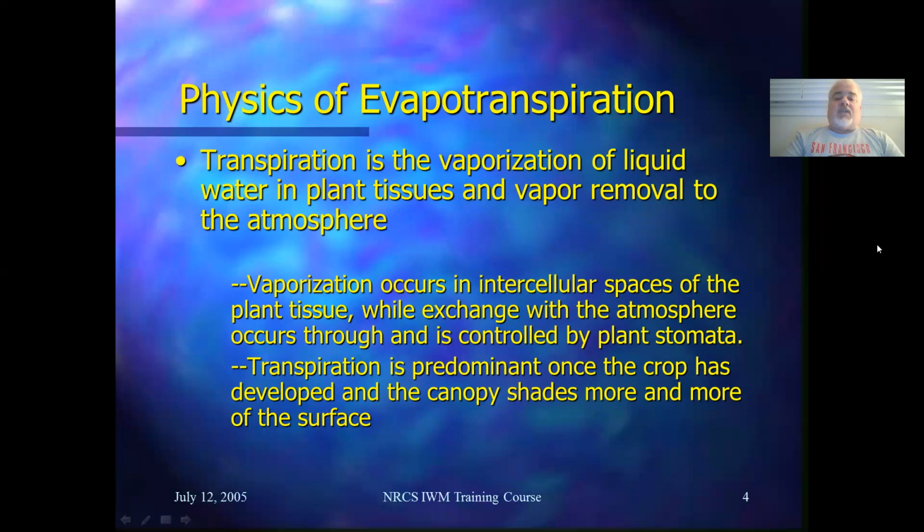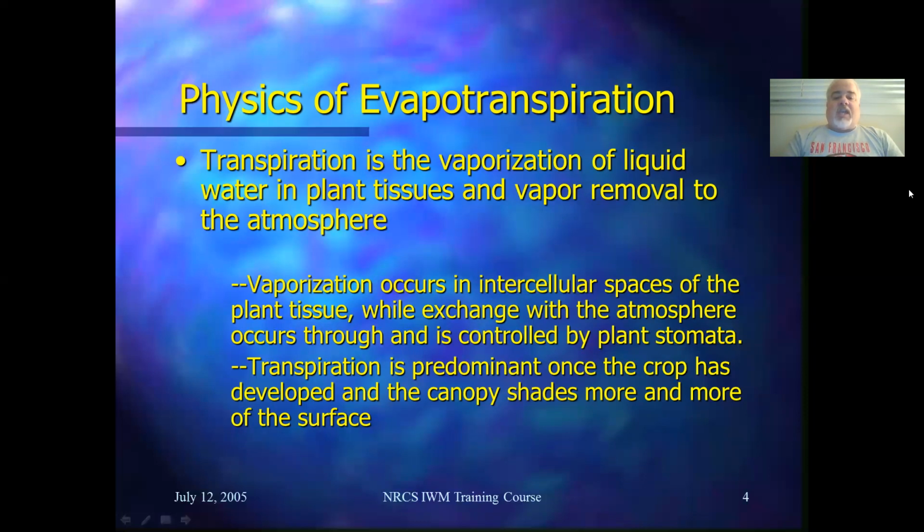Transpiration is the vaporization of liquid water in plant tissues and the vapor removal to the atmosphere, primarily through the stomata on the underside of leaves. There are other pores as well that we haven't talked about, like lenticels, which predominate on the shoots, but we really don't have nearly as much water going out through these tiny lenticels versus the stomata on leaves.